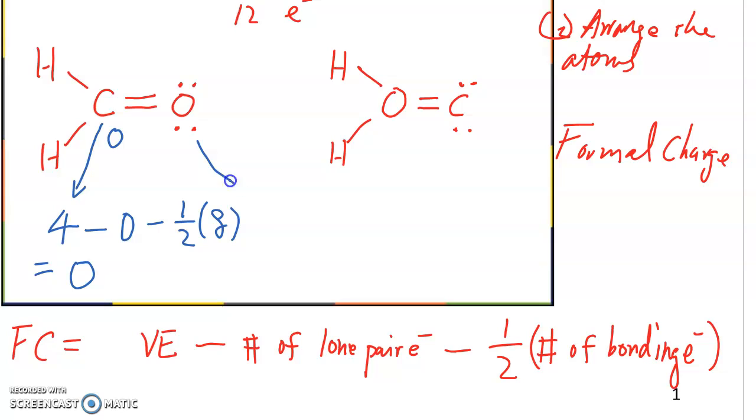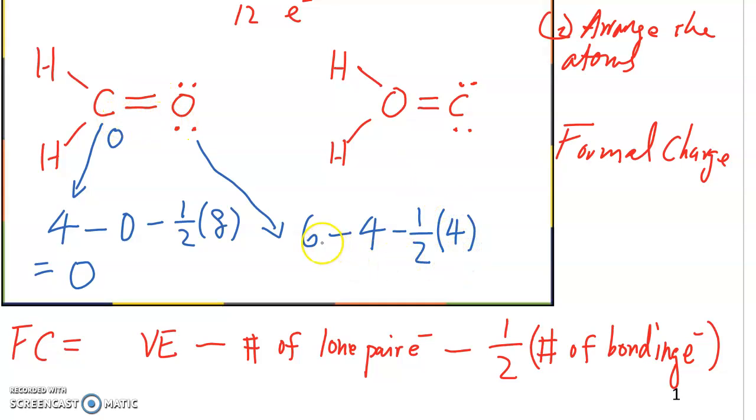Let's look at the oxygen over here. Oxygen, the free atom valence electron is 6, minus the number of lone pair electrons. There are 1, 2, 3, 4 lone pair electrons, so minus 4, and then minus half times the number of bonding electrons, 1, 2, 3, 4, half times 4.